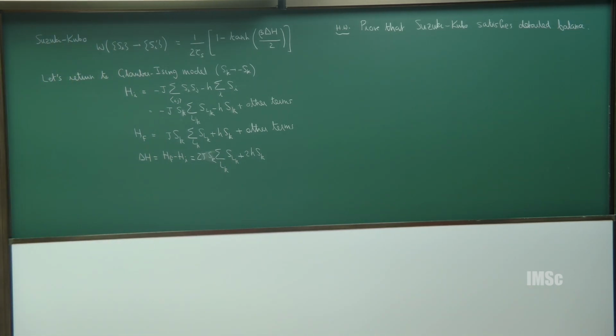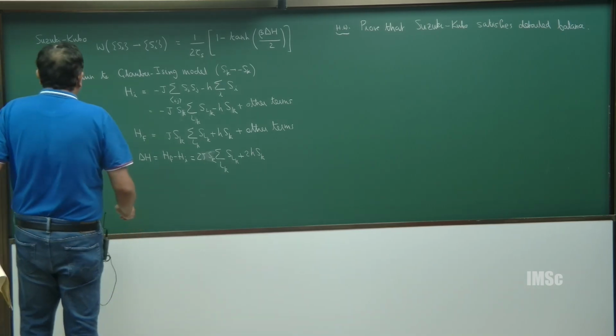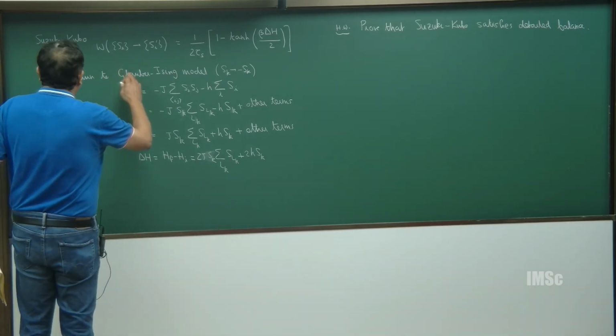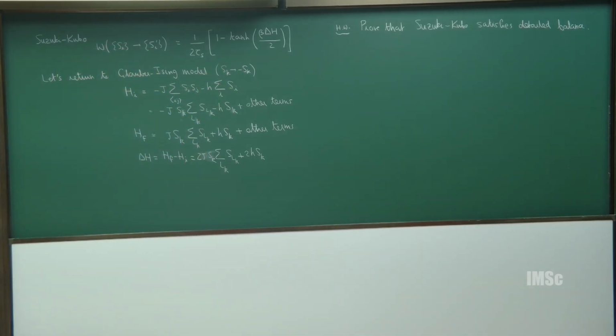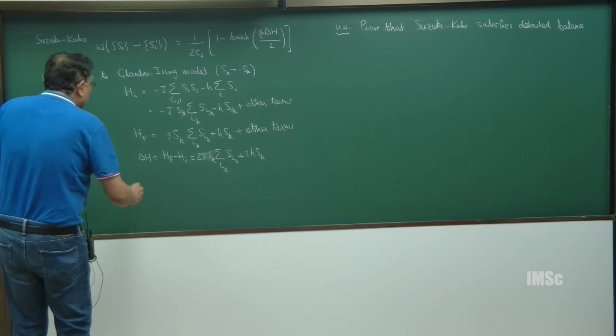Okay? I think the calculation is fairly obvious, right? So that then tells me that my Suzuki-Kubo form is just tanh of that, basically. Okay? So if you want, I can plug it in.